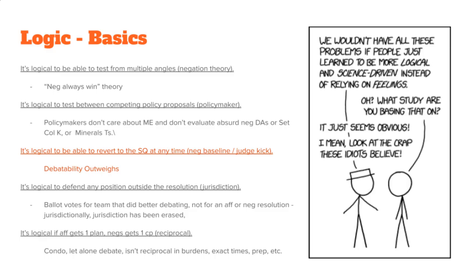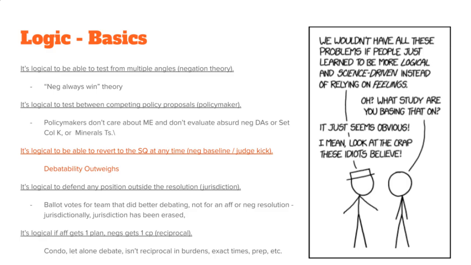The aff doesn't test, we test. Now again, a lot of this one's very tautological. The idea that they are always defending the status quo and they didn't leave it originally when they picked the world. All of this is an implicit assumption on their part, and you generally want to just frame debatability outweighs as the cleaner way to approach this.